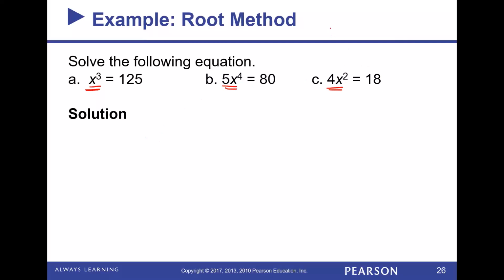So if I ended up seeing something like x squared minus x equals 15, then no, the root method cannot be used. We have to maybe use either the quadratic formula or factoring. We cannot use the root method on this because there's more than one x term. So all of these have to have is one term of x, okay?